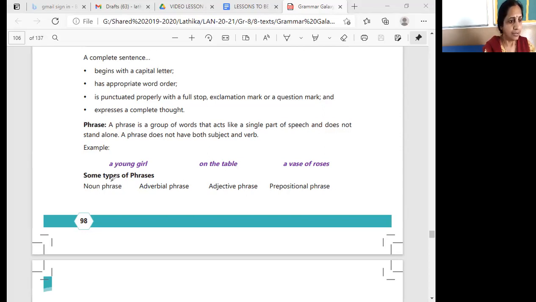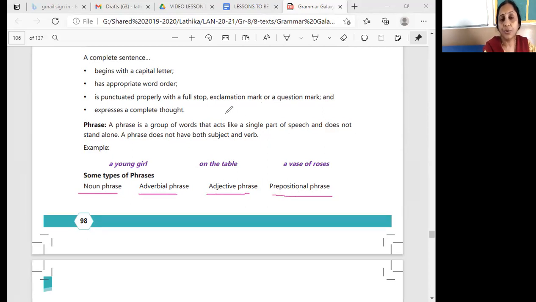Now, a phrase does not have both subject and verb, just like I told you just now. A clause will always have a subject and a verb. In a phrase, you do not have a subject or a verb. Now, on the basis of the function the phrase plays in a sentence, it will either be a noun phrase, an adverbial phrase, an adjective phrase, or a prepositional phrase.